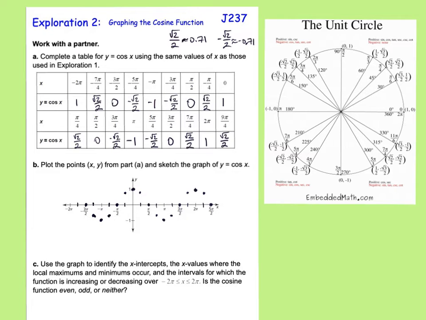Then we move to 0.7, and then we move to 1. So now we are going to connect these points to create our y equals cosine of x graph. Make sure you're connecting with a nice curve.